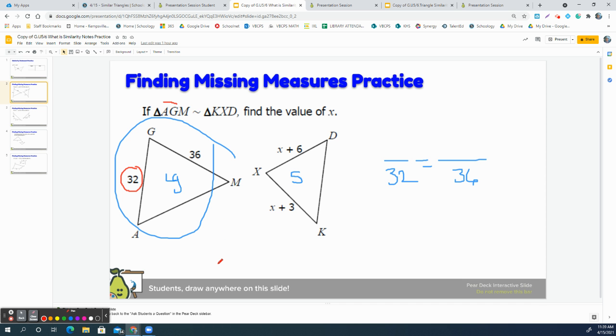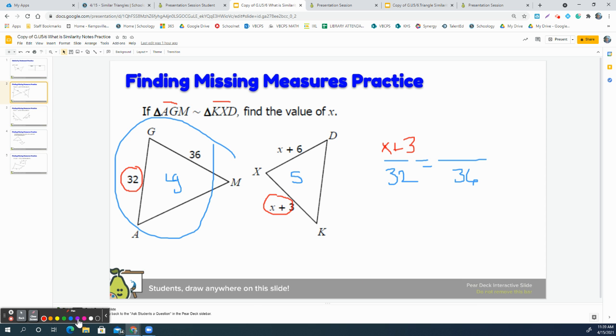What side does AG go with? What side goes? KX, absolutely. So those two things have to be in the same fraction. If I have 32 on the left, then I need x plus 3 on the left.